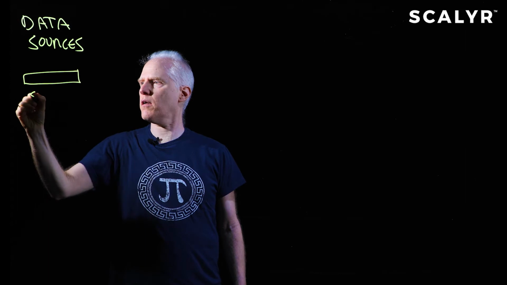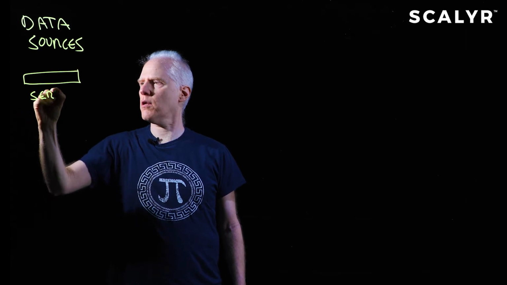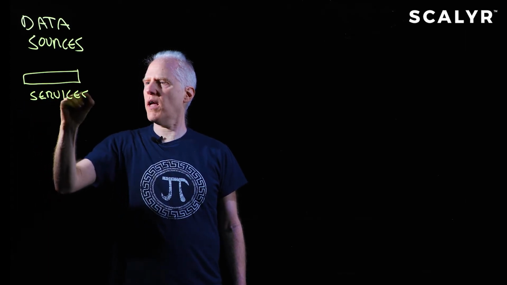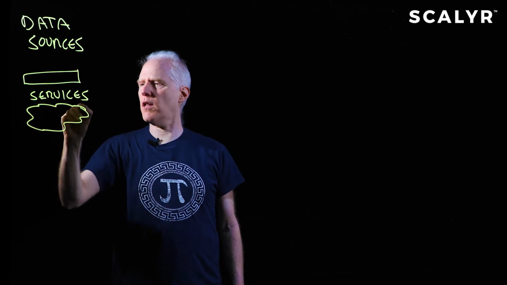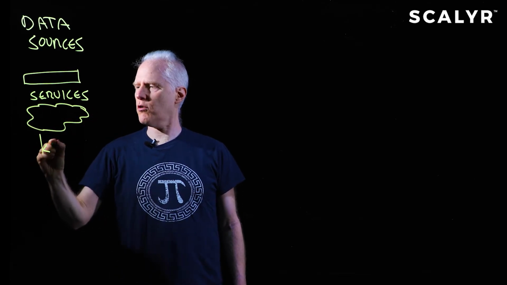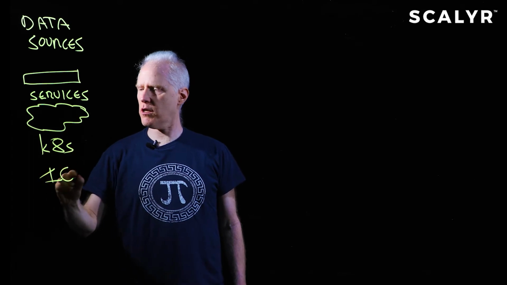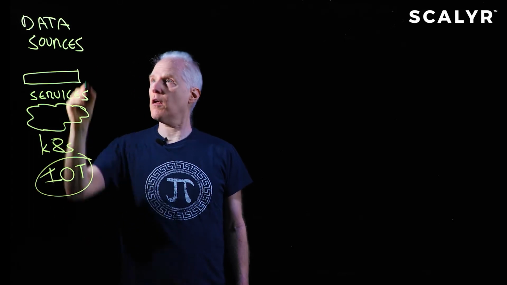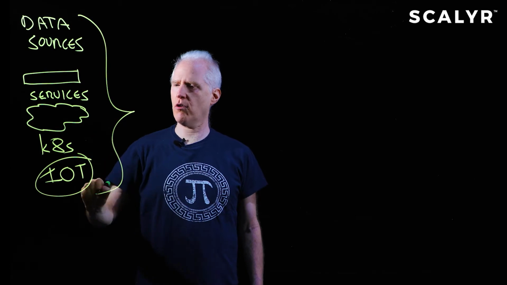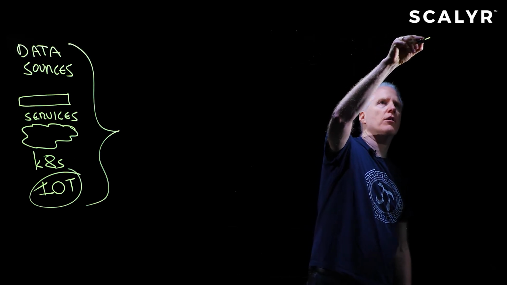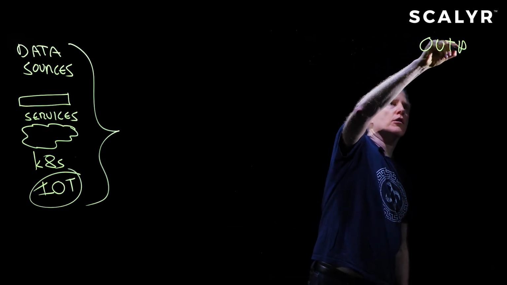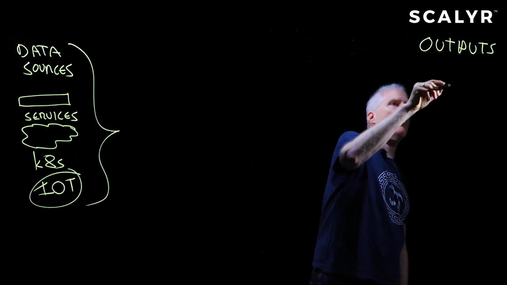You have often microservices. You have systems running in the cloud. You might be using Kubernetes. You have IoT devices. So all of these things are generating data, and they're ultimately serving a variety of applications and outputs.